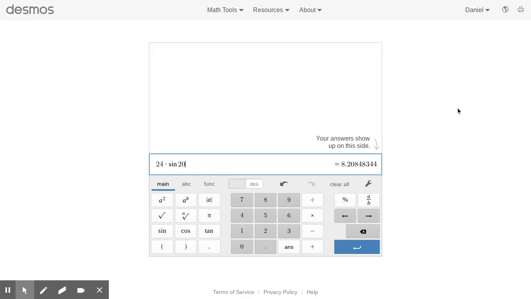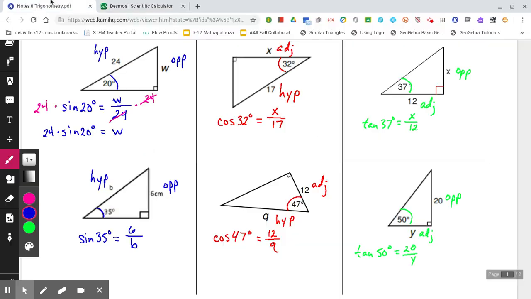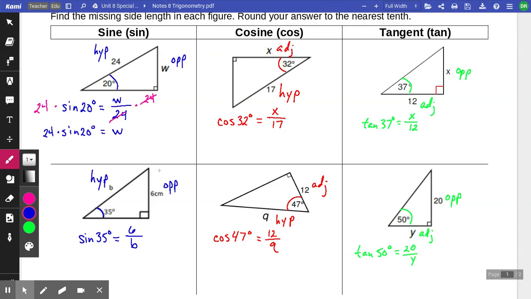Once you type that in, you get a decimal approximation. So 24 times sine of 20 degrees is 8.208, and so on. It keeps going forever, it seems like. And we're asked to round to the nearest tenth, which would be the first decimal place. And so this rounds to 8.2. And so for this, we get an approximation that w, that missing side that we were looking for, is roughly 8.2 units long.